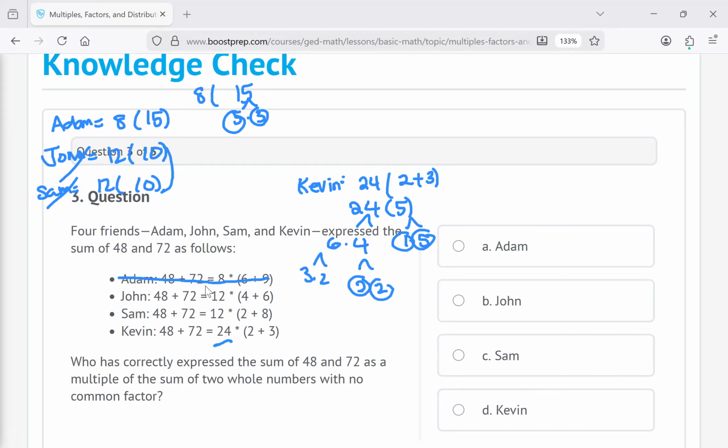Now remember, this 8 is the same thing with Sam, so it can't be them either. So it's not Sam, it's not John or Adam. Kevin is the only one that doesn't have a base that's repeating. So it's going to be Kevin.